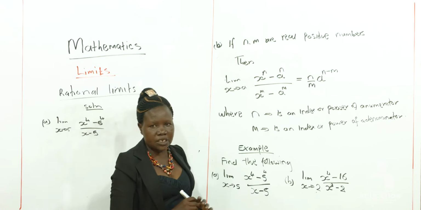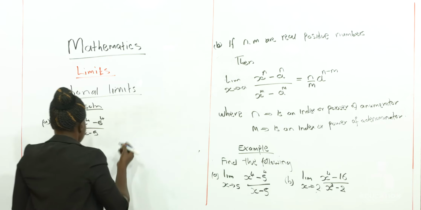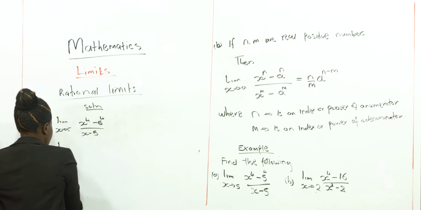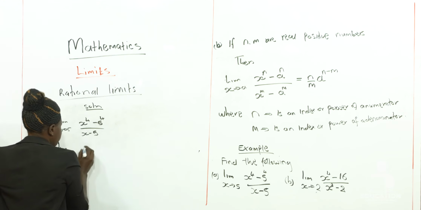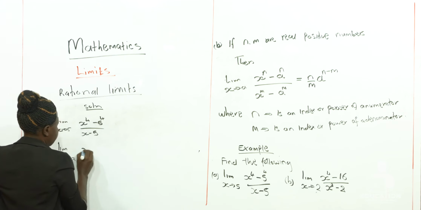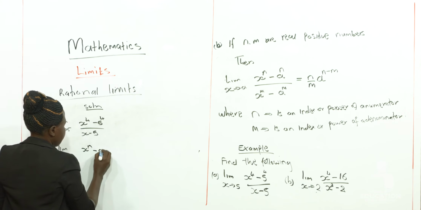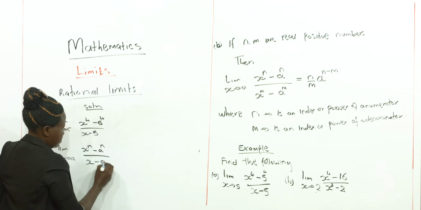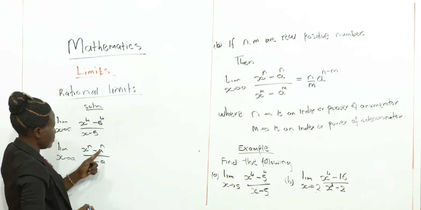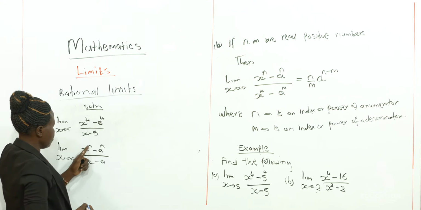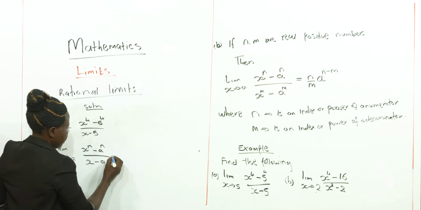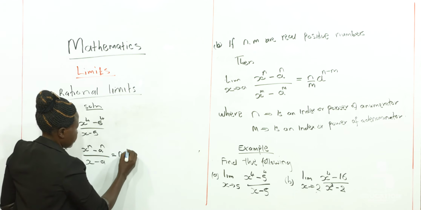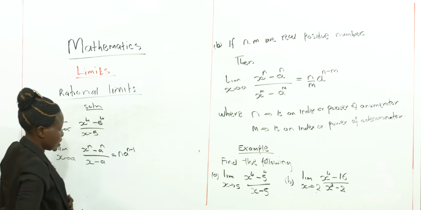So then we state our formula, which is the limit as x approaches a of x raised to n minus a raised to n over x minus a. And now we have known that the value of a is 5 and the value of n is 4. Then you'll have your answer, which is n a raised to n minus 1. So that is your formula.